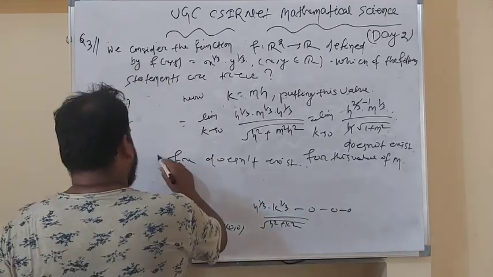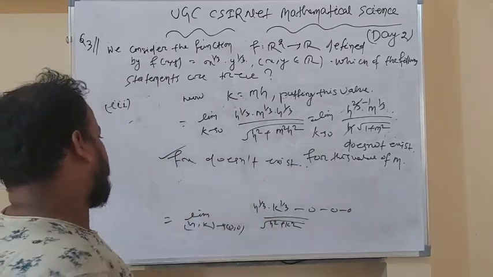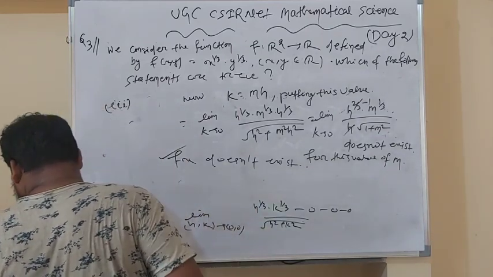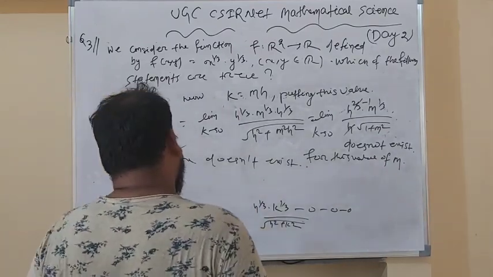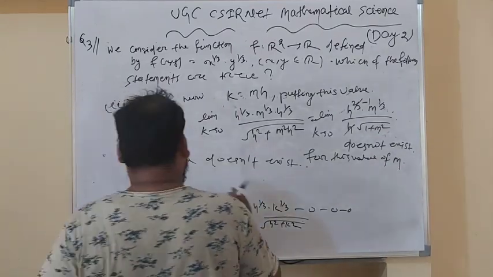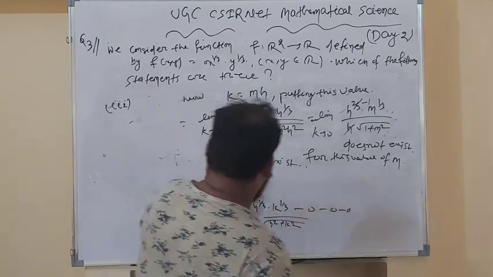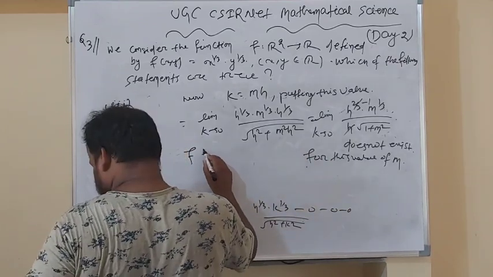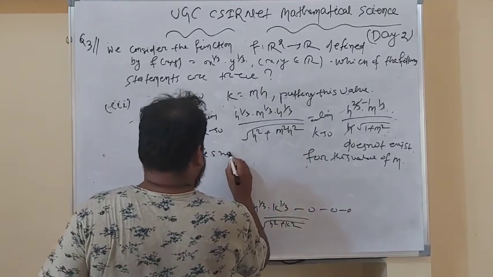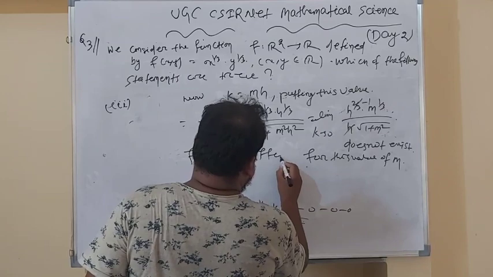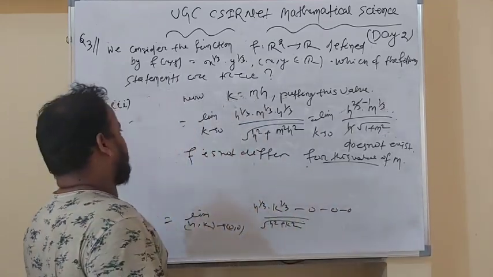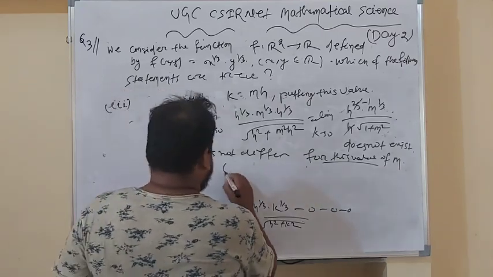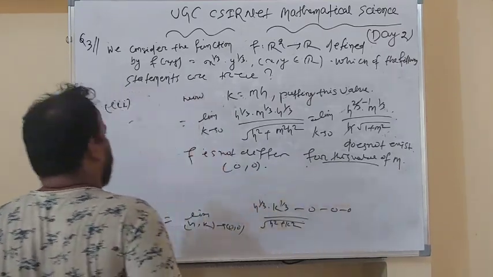So the derivative does not exist, and the function is not differentiable. Why not differentiable? Because this value does not exist, so the limit does not exist. So the function is not differentiable at this point (0,0). Okay.